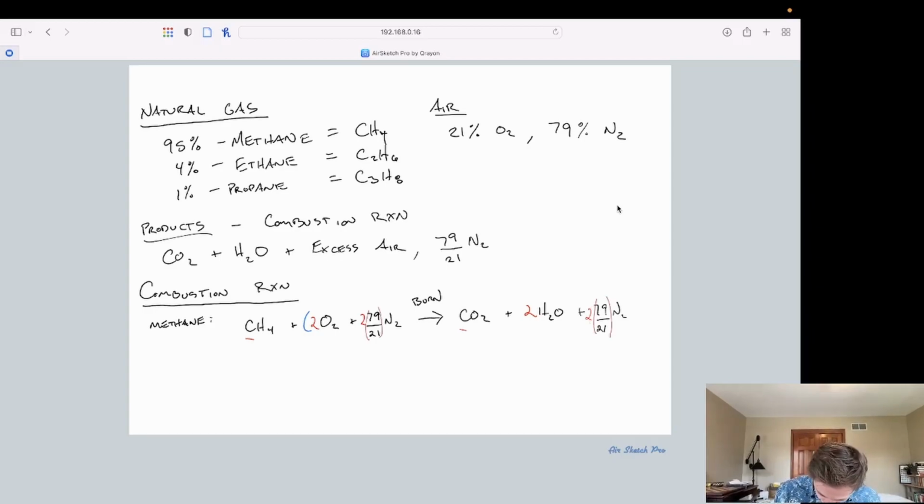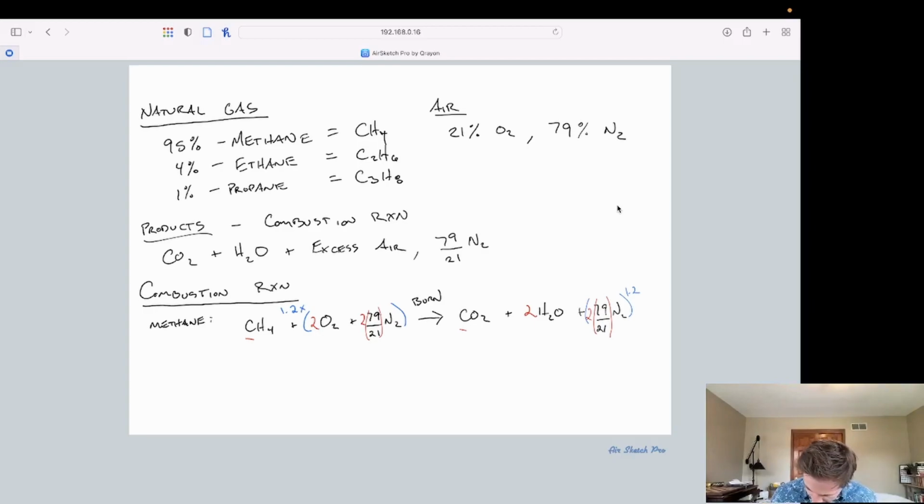Now our excess air is 20% excess air. Let's put that in here, which is going to be 1.2 times our air coming in. On this side, that looks like 1.2 times our nitrogen leaving.